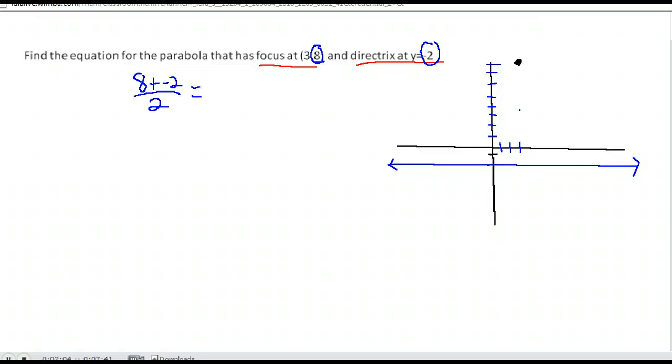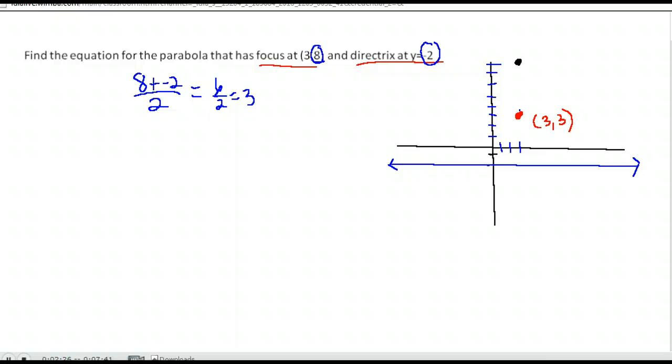So 8 minus 2 is 6, over 2 is 3. Okay, so we want our y value to be 3. It has to be right in line with that focus point also. So our vertex would be located right here at the point (3, 3), exactly between the directrix and the focus point.